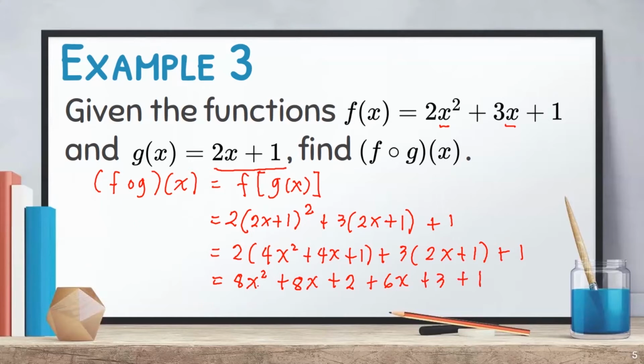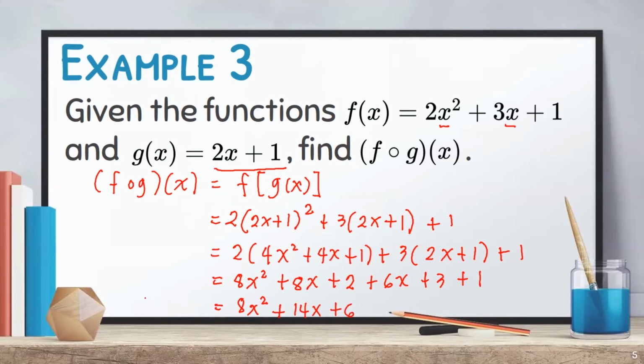Okay, so combine like terms, we can combine 8x and 6x, but since we don't have other terms with the variable x squared, we simply copy it, 8x squared. So once again, combine positive 8x to positive 6x, so you will have positive 14x, then combine positive 2 plus 3 plus 1, so that will be plus 6.